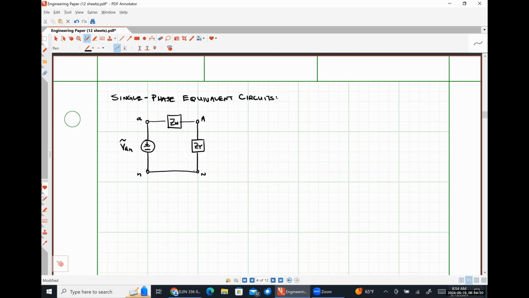Regardless of whatever impedance is actually there, it's a short as far as we are concerned in a balanced three-phase circuit. Okay.